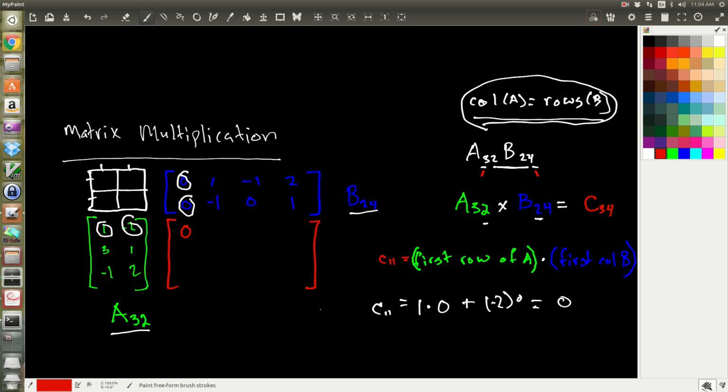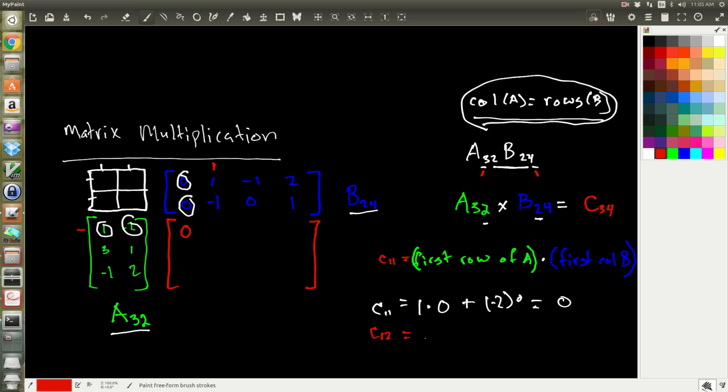Alright, so now if I wanted to get this number right here, I need to take the dot product of the first row of A with the second column of B. So I get 1 times 1, so I could say this is C, first row, second column component.